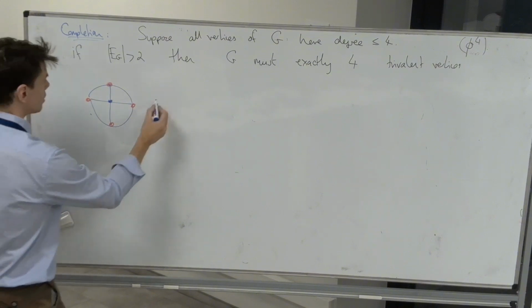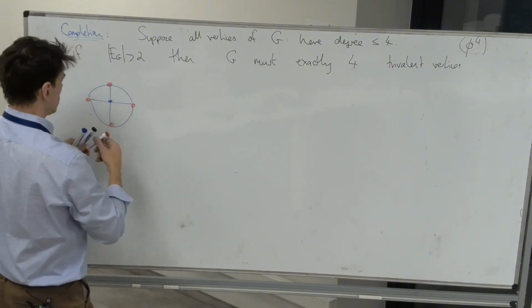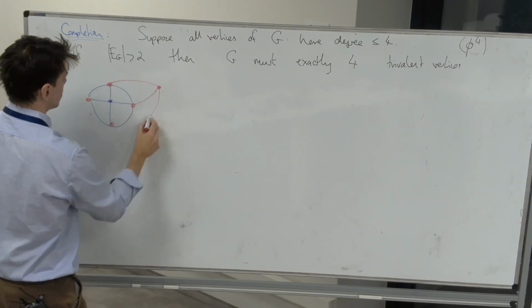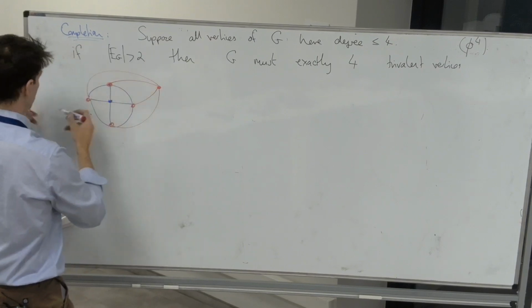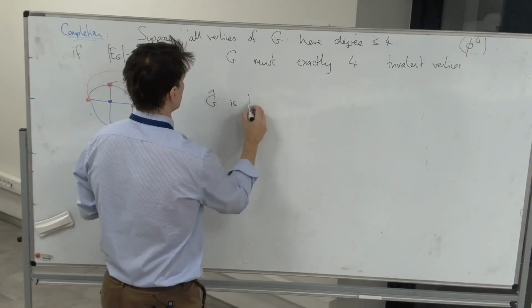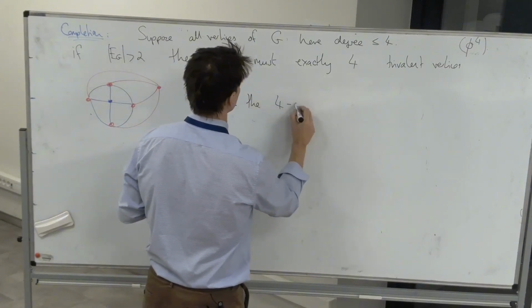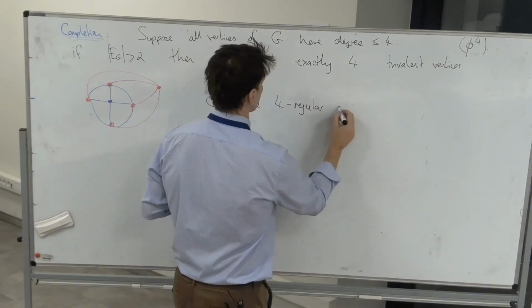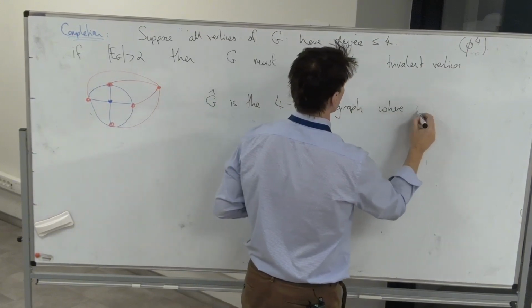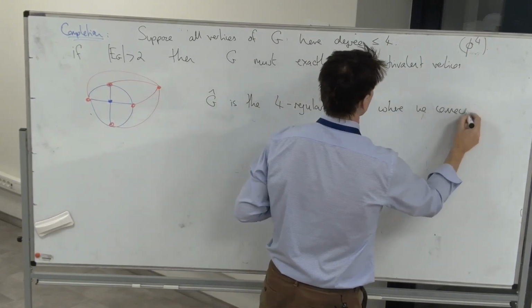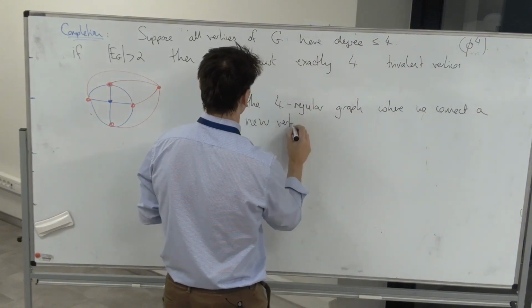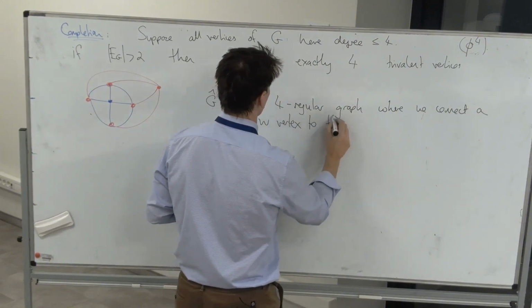And what you do is you create a new vertex, and you connect it to the 4 trivalent vertices. So G hat is the 4-regular graph where we connect a new vertex to the trivalent ones.